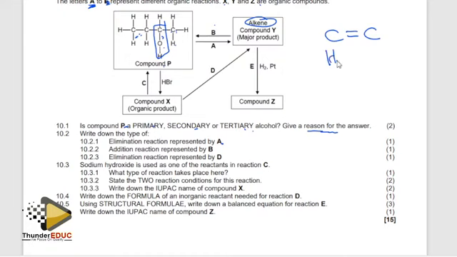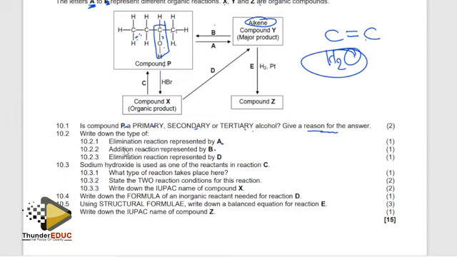Because we are removing water, going from alcohol to alkene, the type of elimination is dehydration. If we were adding water, it would have been hydration. But because you are removing water, it becomes a dehydration reaction. Then they're asking you about the addition reaction represented by reaction B. Okay, so it means from alkene to alcohol.